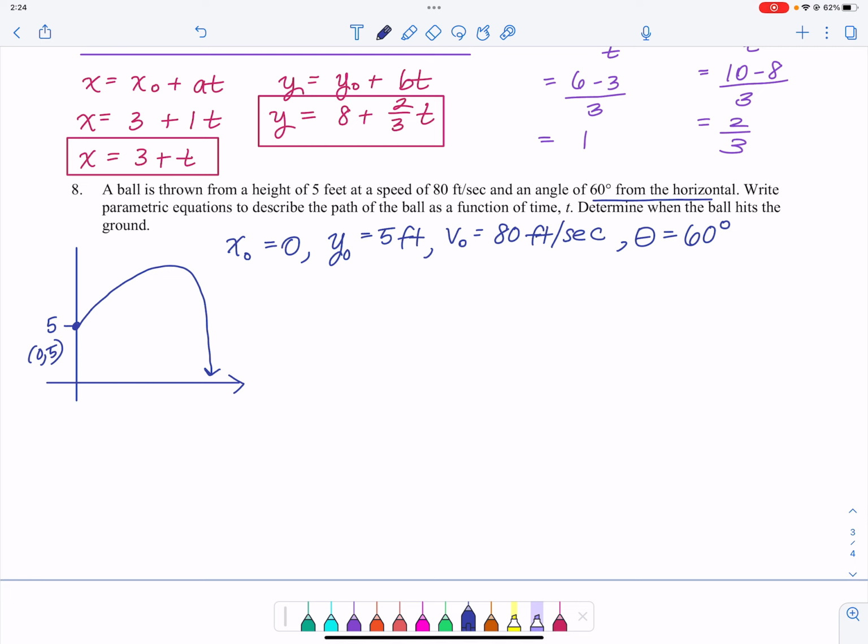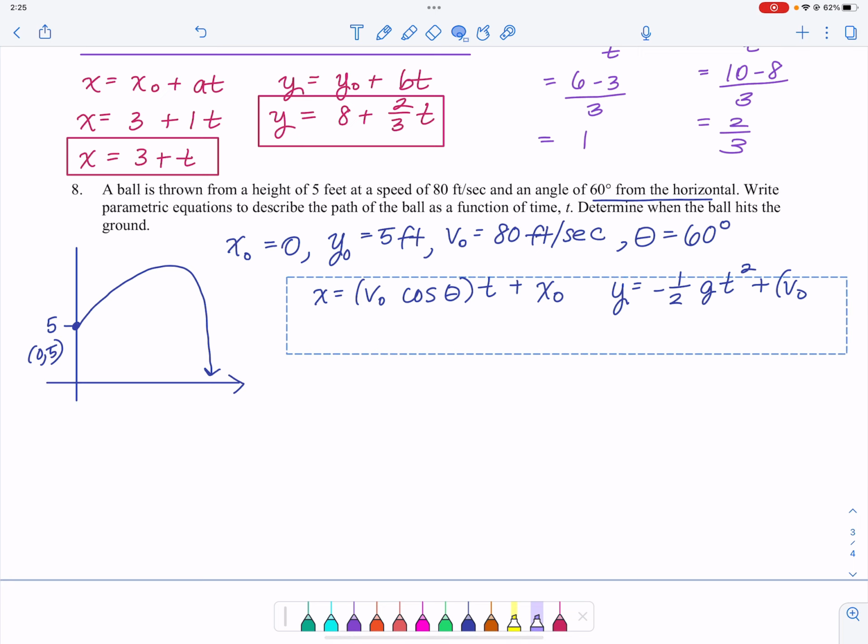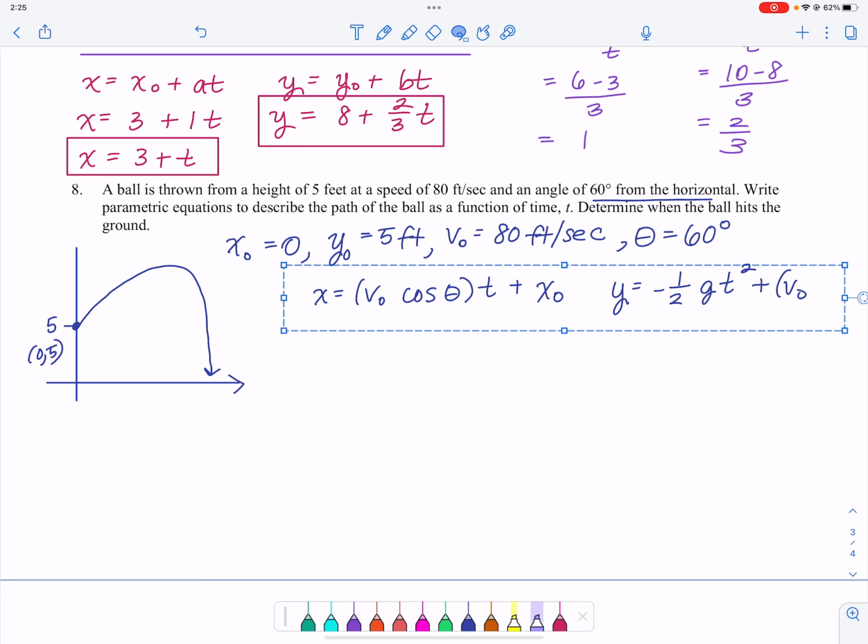We'll jump right in and write that x is equal to, and keep in mind we have v sub 0 times the cosine of theta all times t plus x sub 0. Y is going to be equal to negative 1/2 times gt squared plus, now we have this other component. I better bring all of this over.